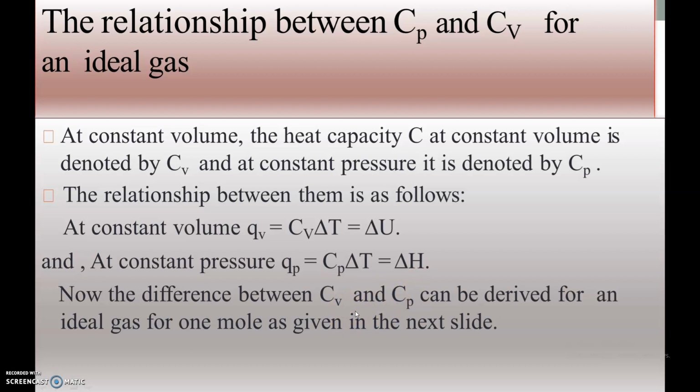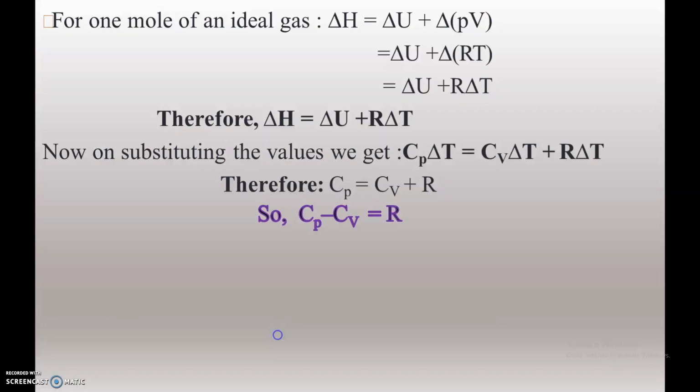We'll get an equation for 1 mole of an ideal gas. For 1 mole of an ideal gas, we know delta H is equal to delta U plus delta PV. This we have seen in the last class.